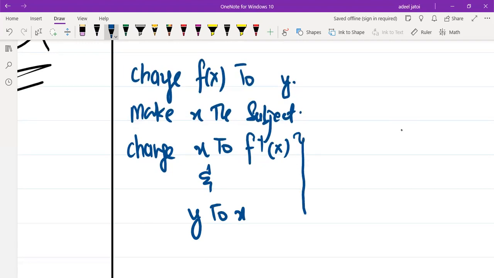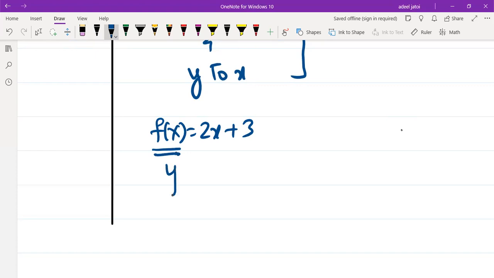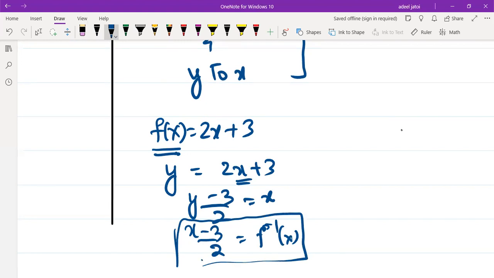This third step is done in the same step together. So that means if I say that we have f(x) is equal to 2x plus 3, your first step f(x) will be y equals 2x plus 3. Your second step will be to make x the subject, so y minus 3 upon 2 is equal to x. And your third step is x minus 3 upon 2, so this becomes your f inverse of x.